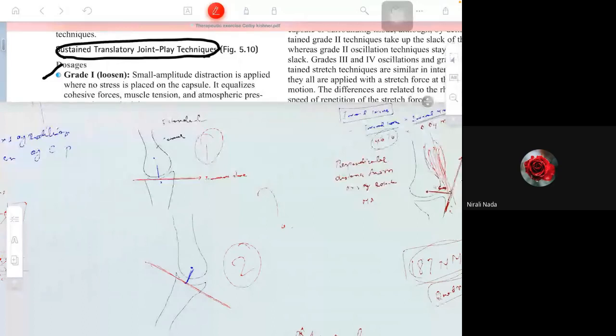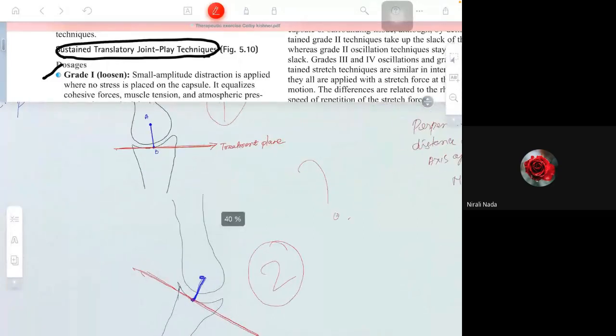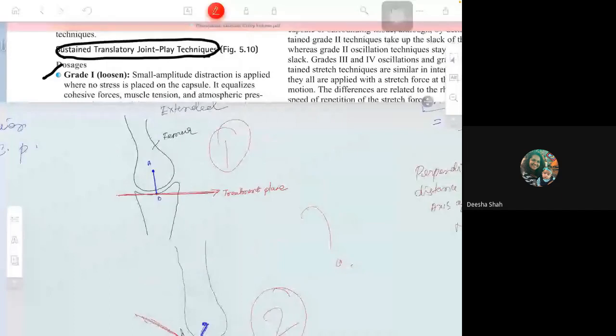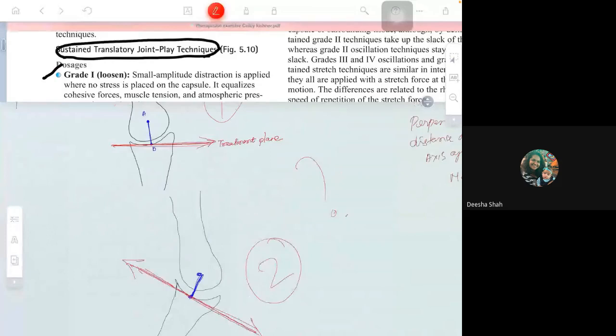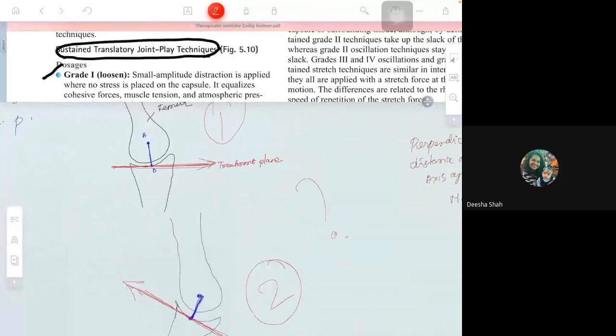The position of the treatment plane. Yes. Come on. Changed. Oh, it is changed now. You see, previously it was in this direction. Now it is in this direction. It is changed. In the first diagram, it is parallel.